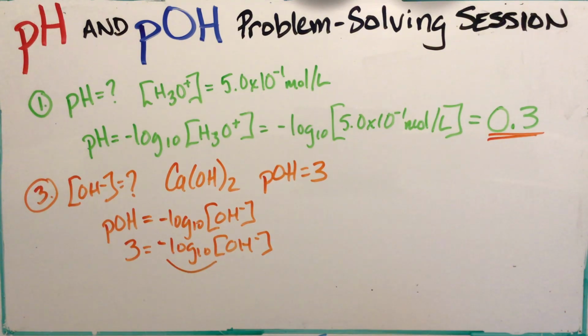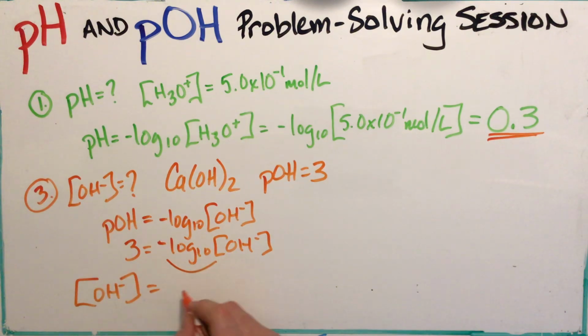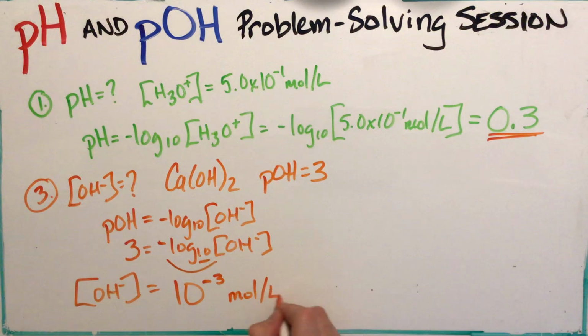Basically what happens is the concentration that we're trying to find, hydroxide, becomes this. So our concentration becomes 10, because our base was 10, and this becomes a negative exponent. So the pH or the pOH becomes a negative exponent. And that value will be in moles per liter. All right?